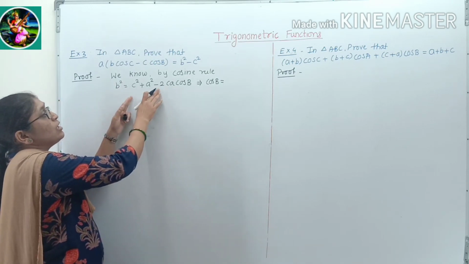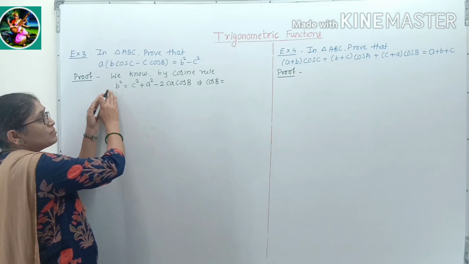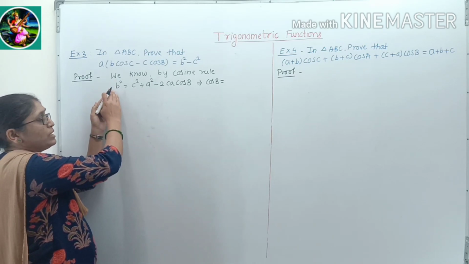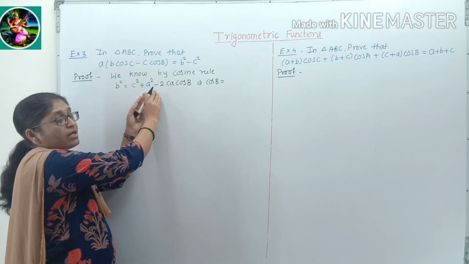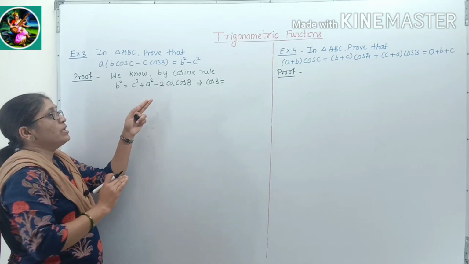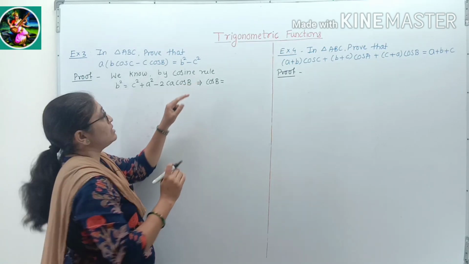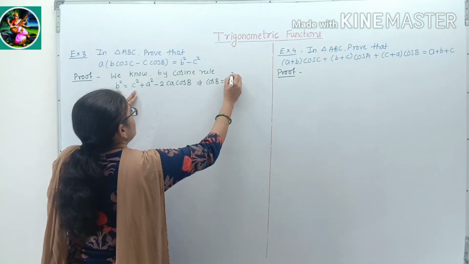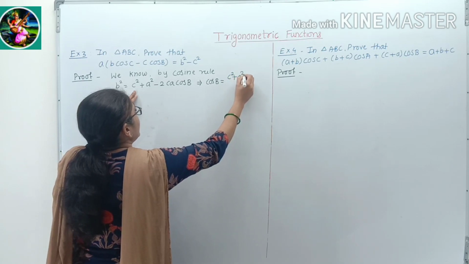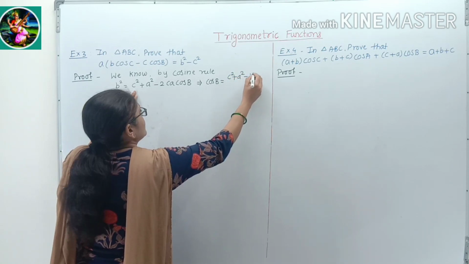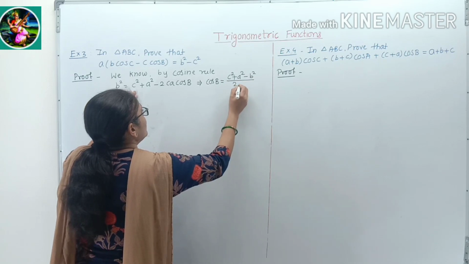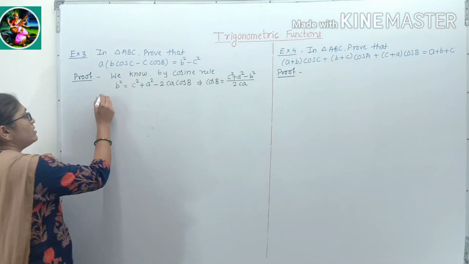Therefore, cos B is equal to c square plus a square minus b square divided by 2ca.